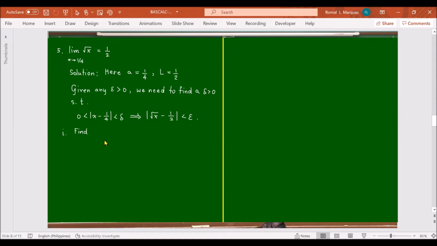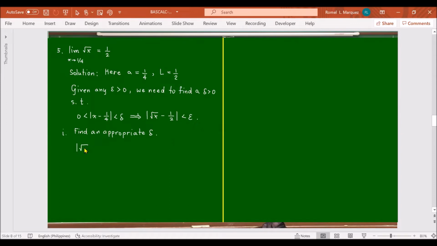Find a delta, an appropriate delta, and to find that, we consider this conclusion. So that's the technique.